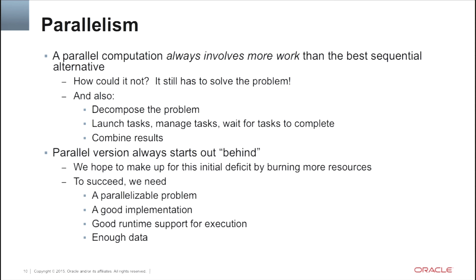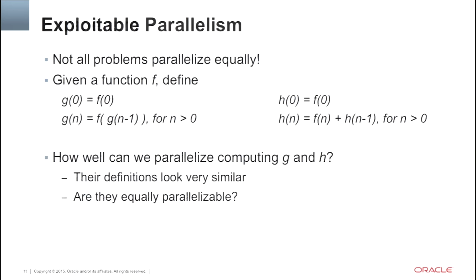If I want to sort 10 numbers, there is no parallel algorithm that's going to beat a simple bubble sort. Right? Because the overhead of partitioning my data set and sorting the subpieces and merging them is going to overwhelm the amount of work to solve a small problem sequentially. So you always need enough data to make up for the overhead of just even forking off that first partition.